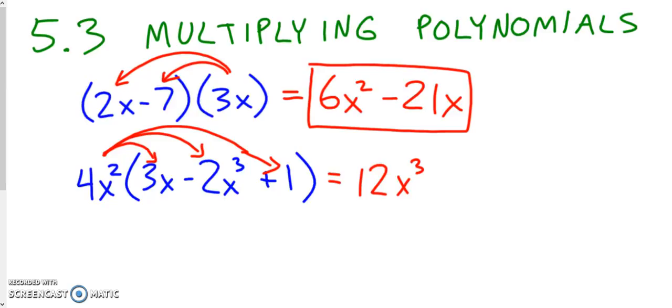And then minus 4 times 2 is 8, and then x squared times x cubed would be x to the 5th, and then plus 1 times 4x squared would just be 4x squared. And so that would be your answer for this one.